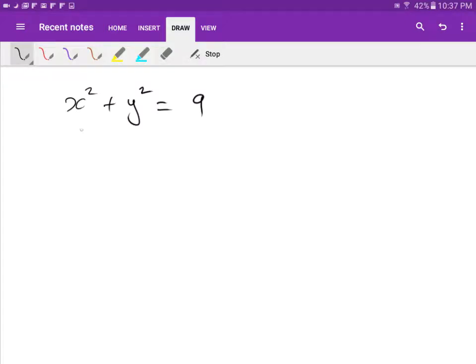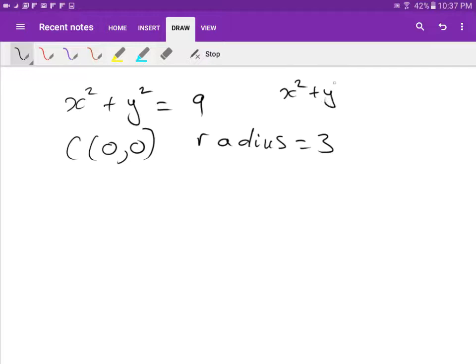The center of this circle is 0, 0, and the radius is equal to 3, because x squared plus y squared equals r squared, so r squared is 9.